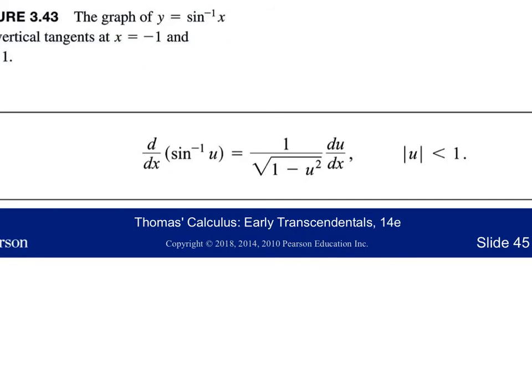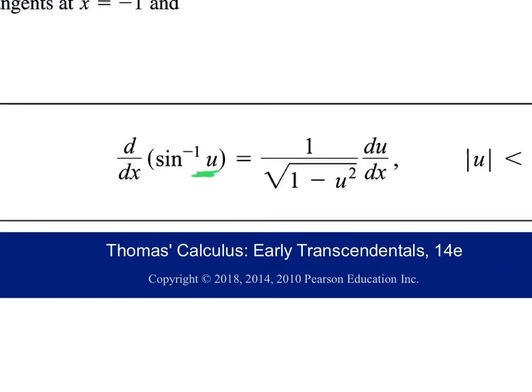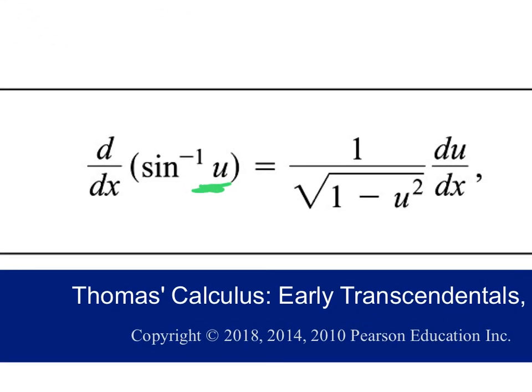But FYI, sometimes you don't have an x. Sometimes you have something more than just x. If it was just an x, then with the chain rule, the derivative of x is times a 1. But what if it's something else than x?